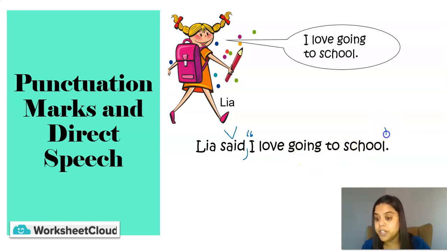Then my close inverted commas and my full stop. So when Leah says something, I must know in direct speech, I must have my inverted commas. So that is how I am going to punctuate my sentences. Hope you're all still with me, grade 4.